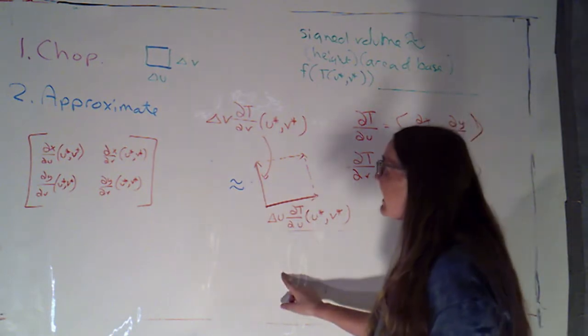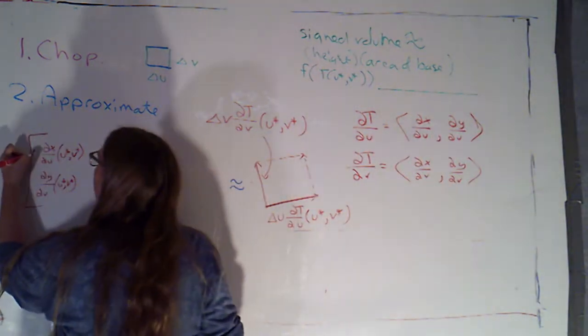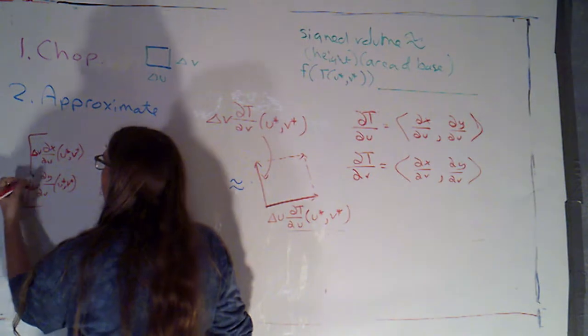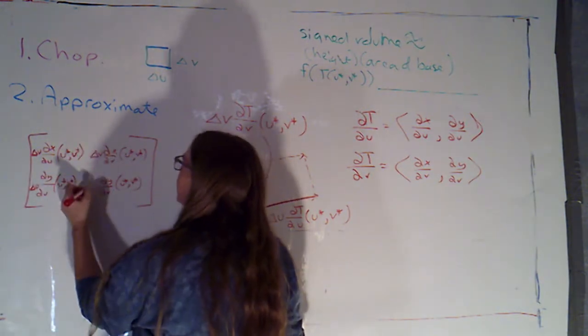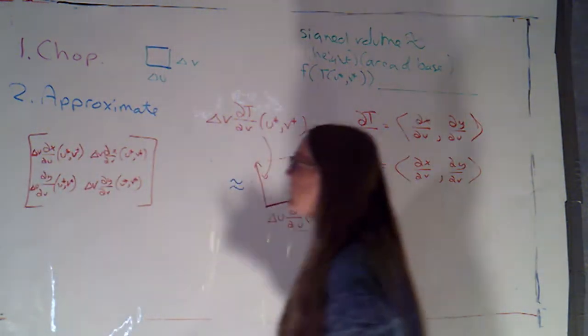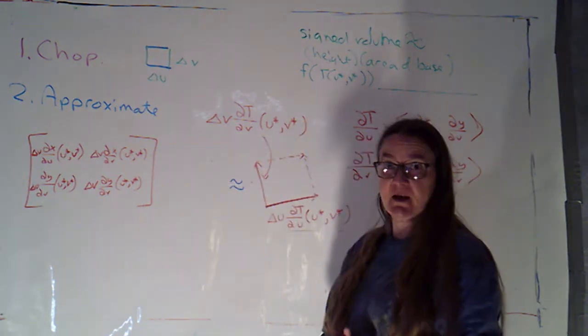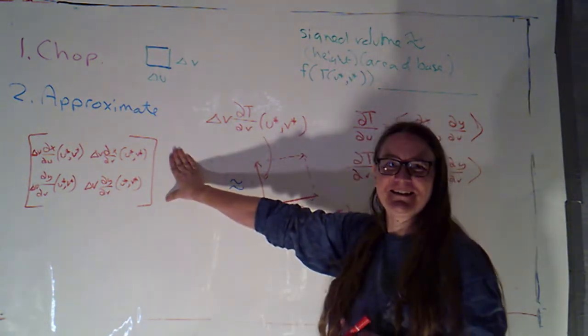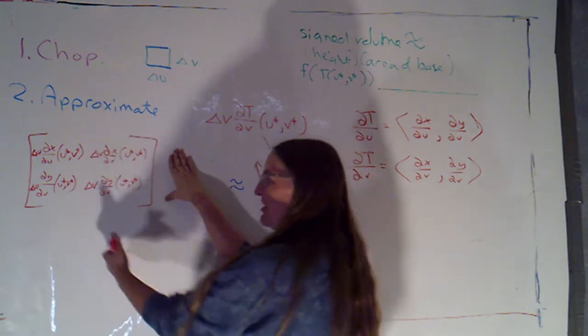So we had scaled this vector by delta u, and we had scaled this vector by delta v. Okay, so that's the matrix that we have. That's no longer the determinant of T, because I've scaled the two columns.